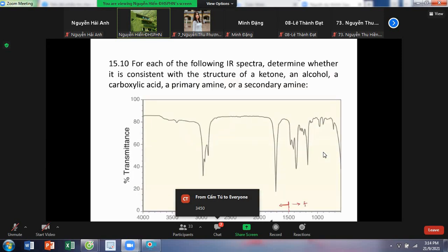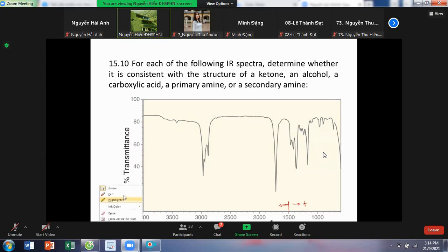Okay, so the fingerprint region we don't have to remember because it has so many signals. We just consider the range above, and then you draw a line at 3000 to see if you have a double bond or triple bond.